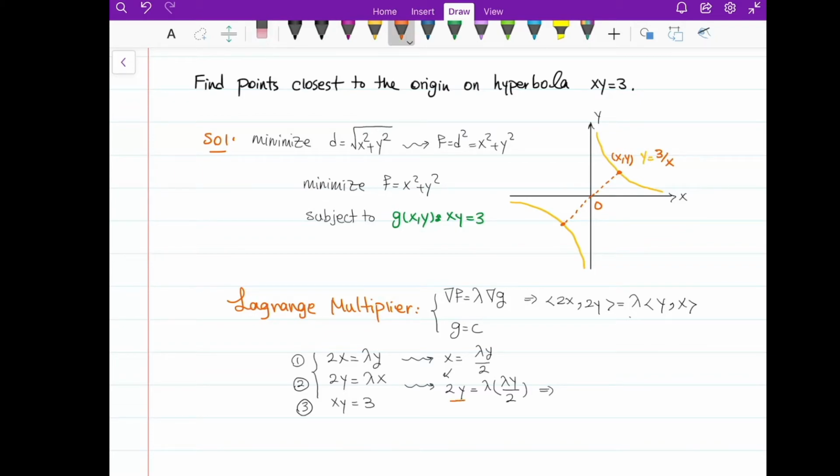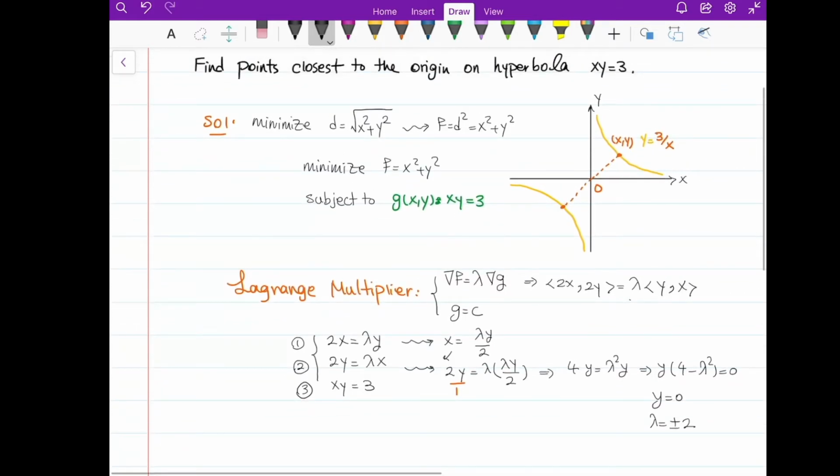Bring everything to one side and factor out the y: y times 4 minus lambda squared equals 0. So I get y equals 0, or lambda equals plus or minus 2.